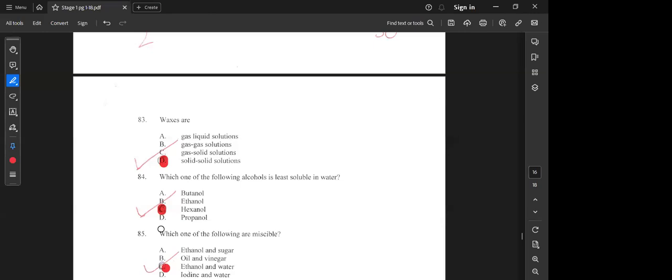Generally also remember they are mainly esters, long chain hydrocarbons, and fatty acids. So they have those two. Anyone has anything else to add about wax?